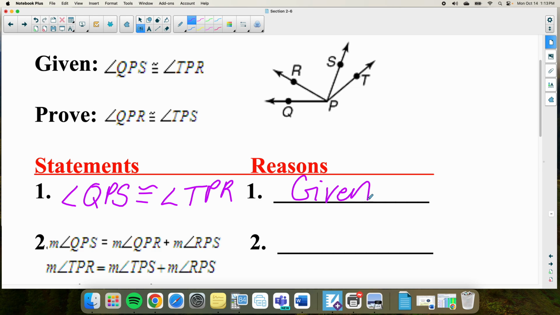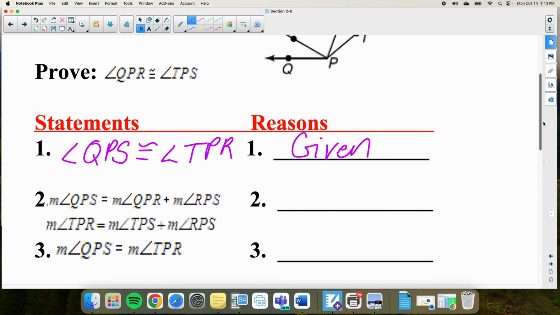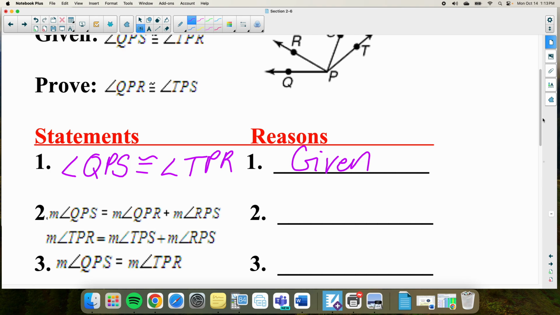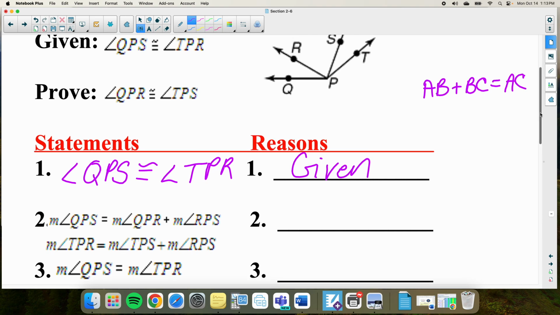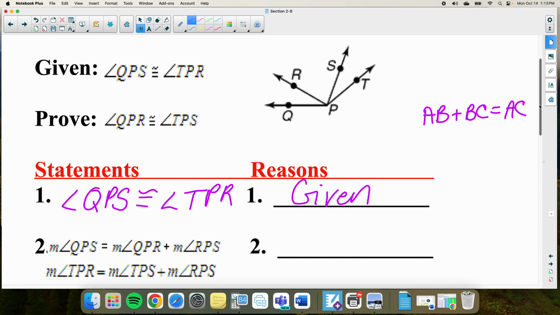All right, now, if you guys look at what they did next, in the last section, I always told you guys, if you ever notice two things adding together to give you one, think of segment addition postulate. And what they're doing here is they're adding two angles together to give you one. When they do that, go up to your diagram and see if what they did is break an angle into parts.